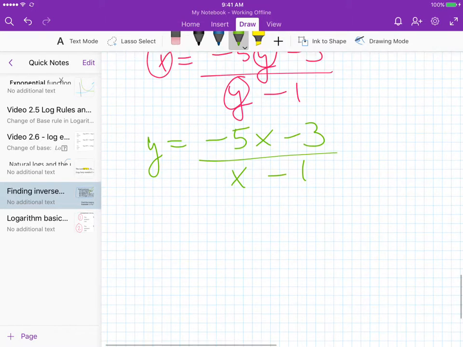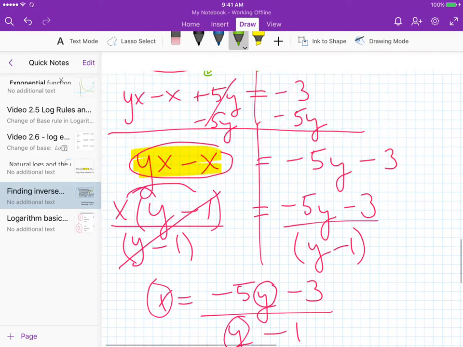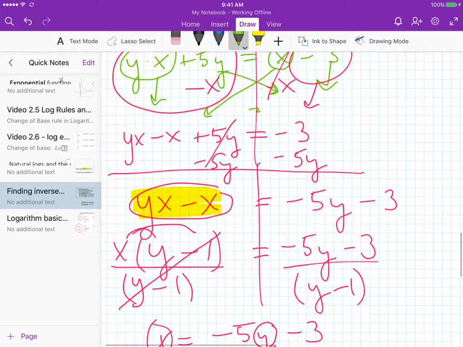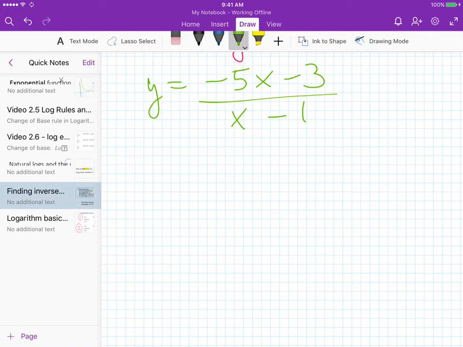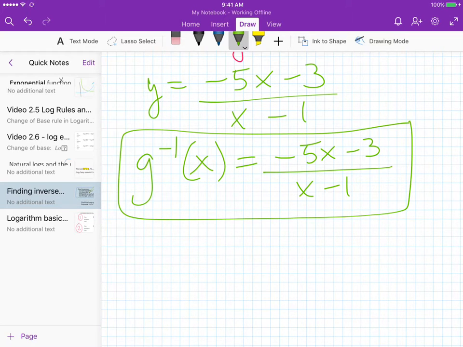The only thing left I have to do is say, well, hey, this isn't just y equals. This was the inverse of the original function way up here. And the inverse was g of x. So g inverse of x is negative 5x minus 3 over x minus 1. And that is my inverse.